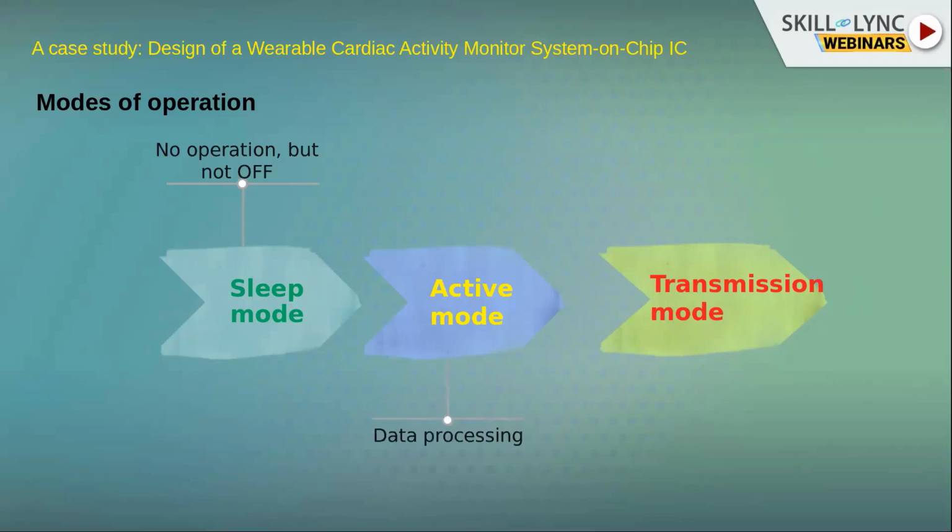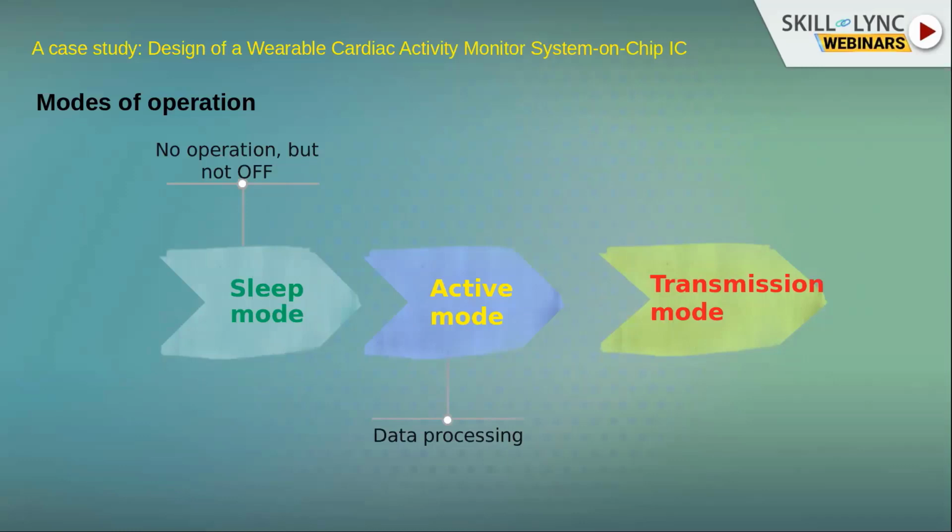Now in the active mode, it is acquiring the data and processing the data. We are not sending it yet. During this processing mode, the transmission modules like the Bluetooth transceiver unit are completely off, and only the data acquisition module and the controller are on.